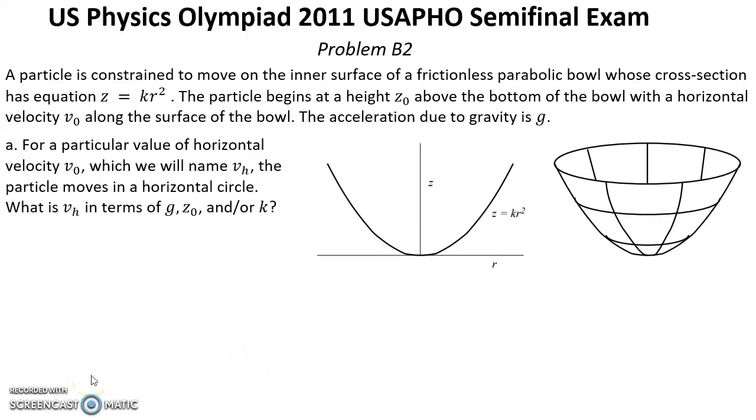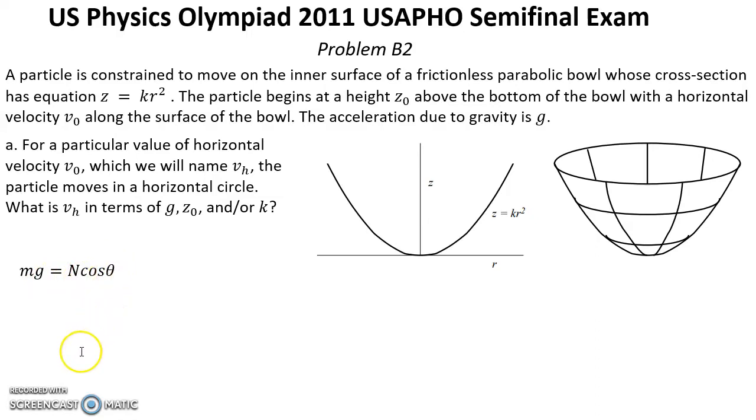At this height, we have the normal force, and we have the slope of this curve with angle theta. So we can write equations for this motion. In the vertical direction, we have this equation that mg must be balanced by the normal force multiplied by cosine theta.